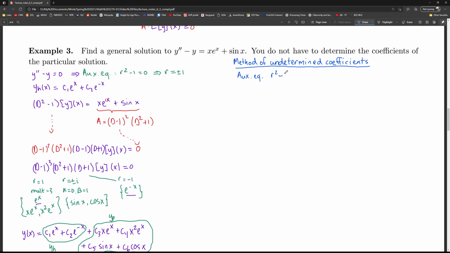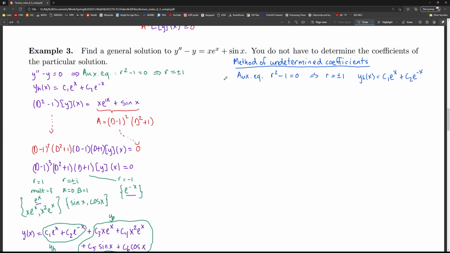The auxiliary equation would be r squared minus 1 equals 0, and that would lead to r equals plus or minus 1. And we would reach the same conclusion about the homogeneous solution. The homogeneous part is c1 e to the power x plus c2 e to the power negative x.